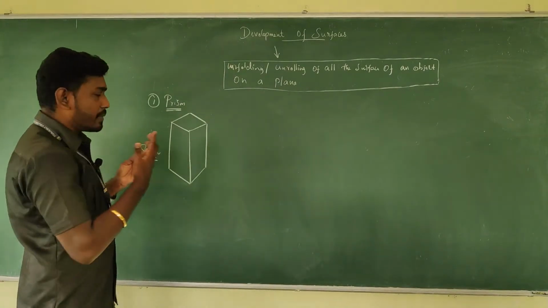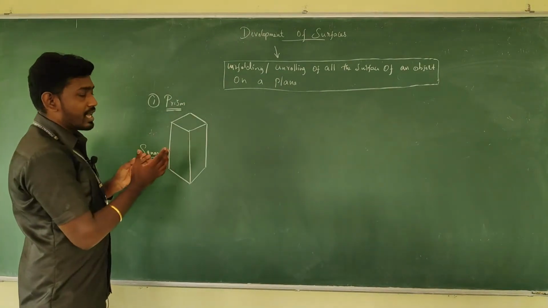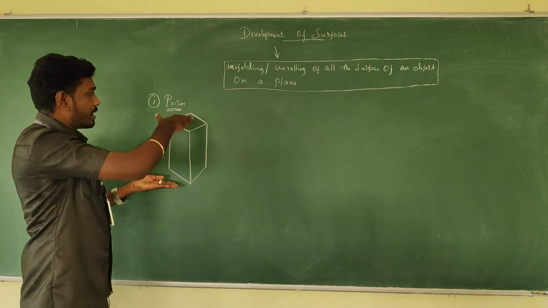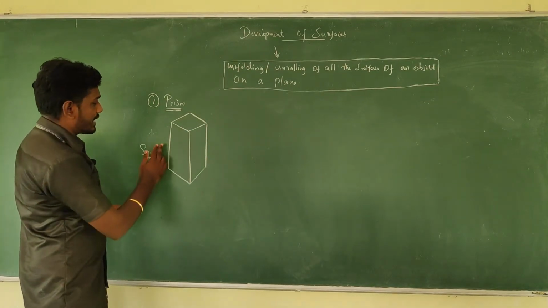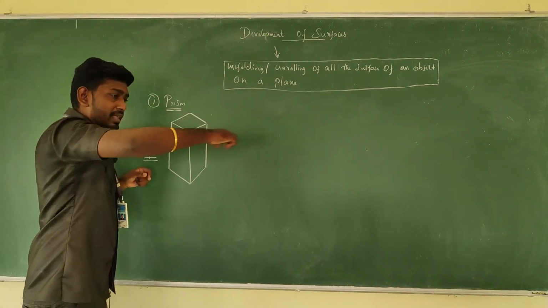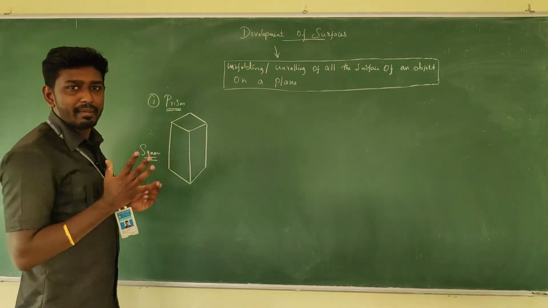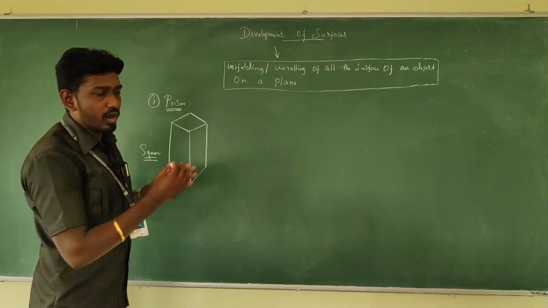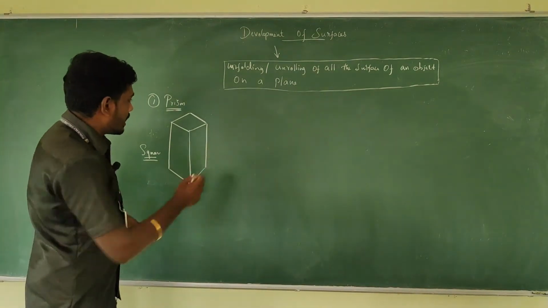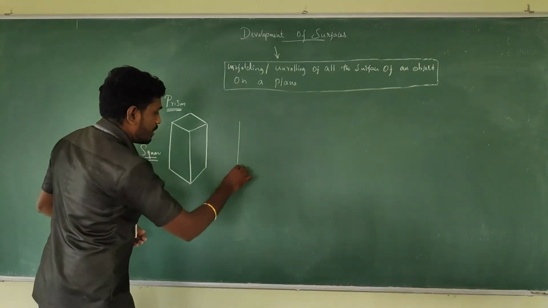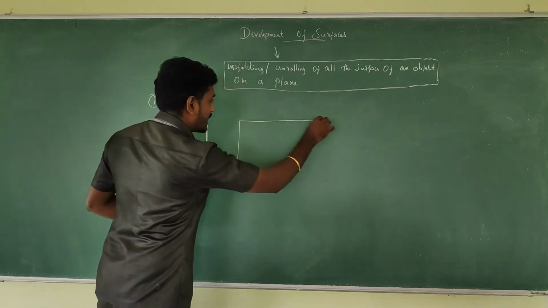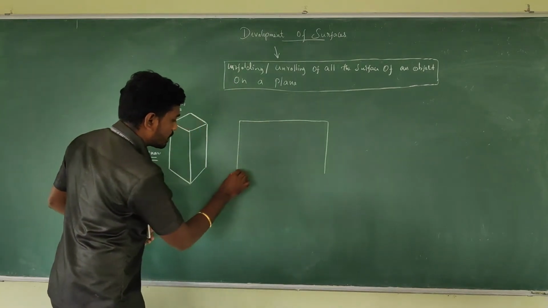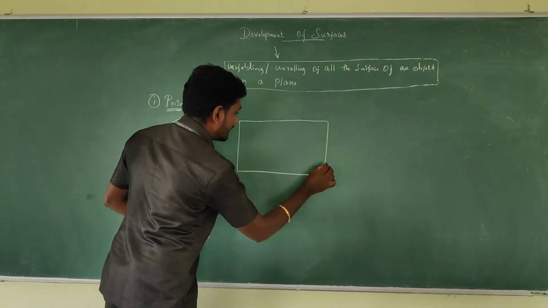Just imagine if it is a hollow square prism, when you cut at the left extreme and stretch it out from the rear side, you will be able to see a rectangular stretch out on a plane, like this.